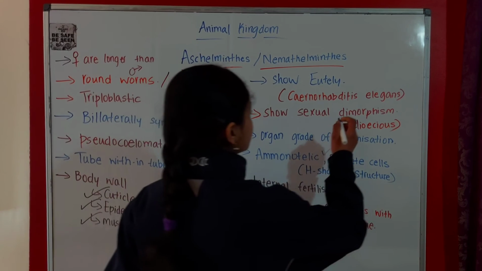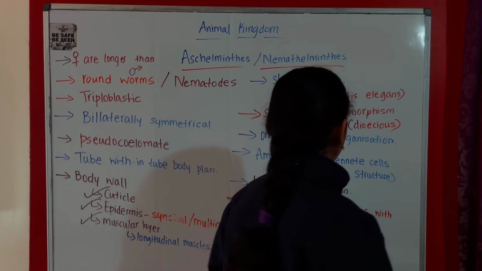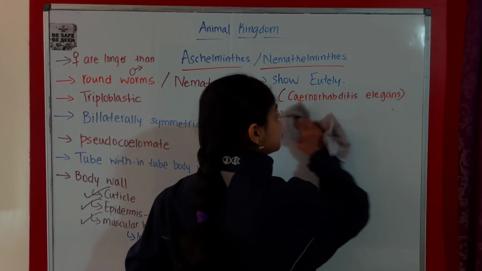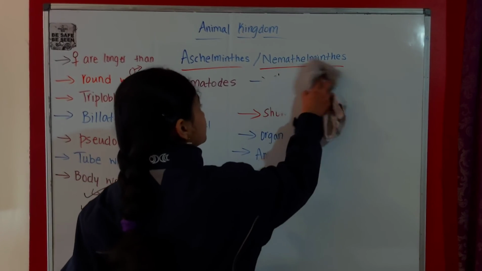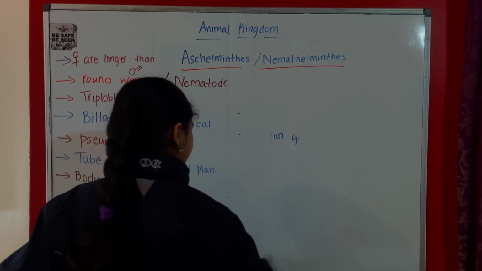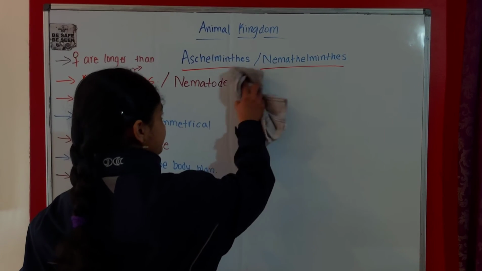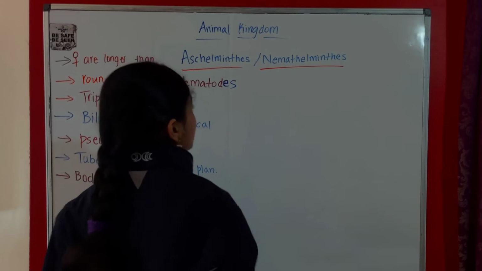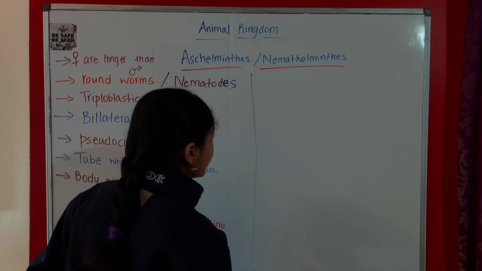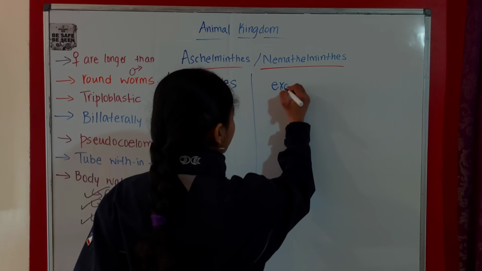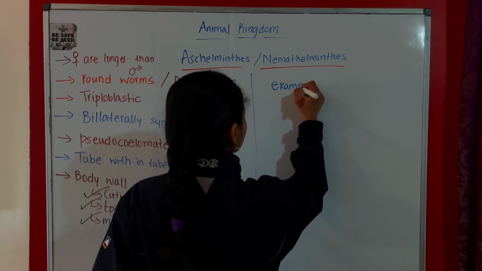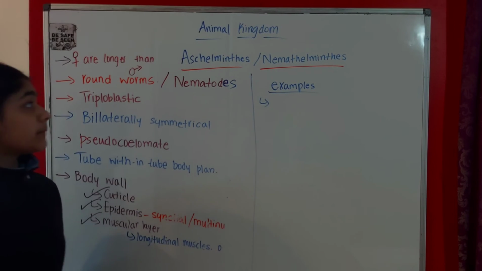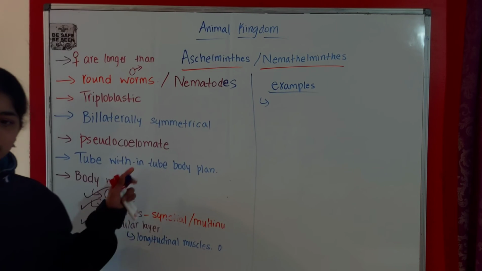Right, so let's talk about the examples of this phylum Nemathelminthes or Aschelminthes, the nematodes or roundworms.